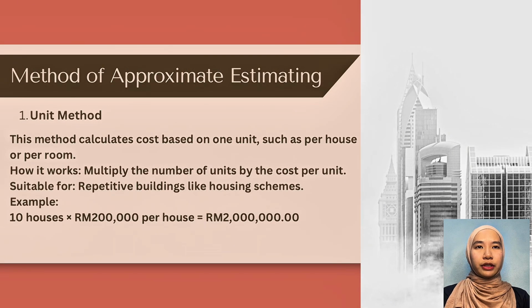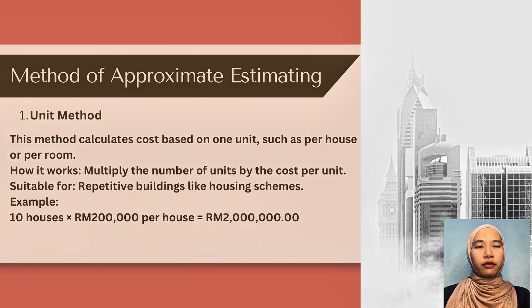Next, we will move to the methods of approximate estimating. In approximate estimating, we have four methods: unit method, floor area method, cubic method, and lastly, the story enclosure method. The first one is the unit method. This method calculates costs based on one unit, such as per house or per room.